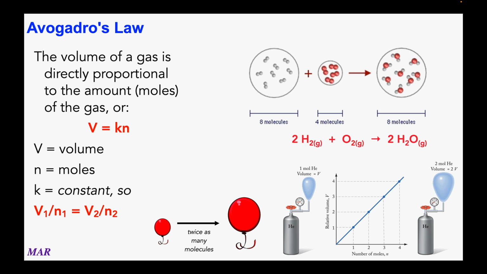On the right hand side there, we've got 2 tanks with helium, and on the left hand side we have 1 mole of helium, and you can see the balloon is normal sized, I guess. If you have twice as much helium, which is what we see on the right hand side, the balloon should be twice as big. So as moles goes up, the volume goes up, and vice versa.